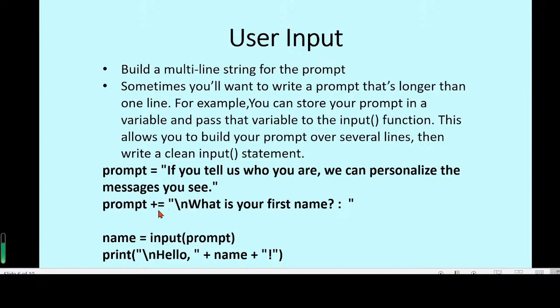Then we can use plus equal to add a new line with another piece of information to this prompt variable. So next we can use the input function and pass in this prompt. So the user will see, "If you tell us who you are, what's your first name?", a two-line prompt.